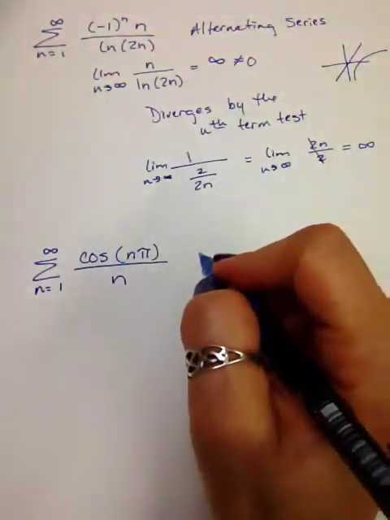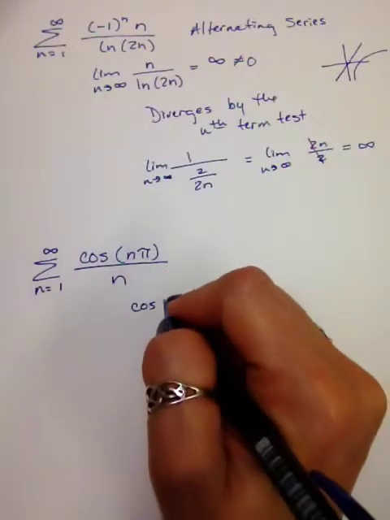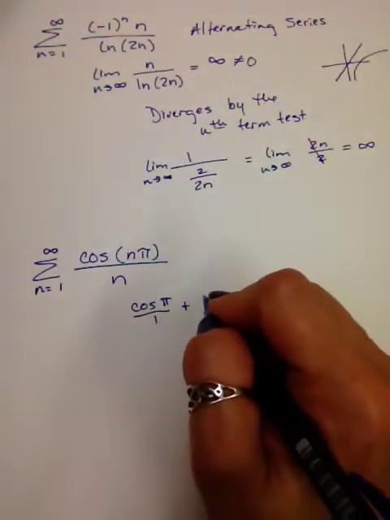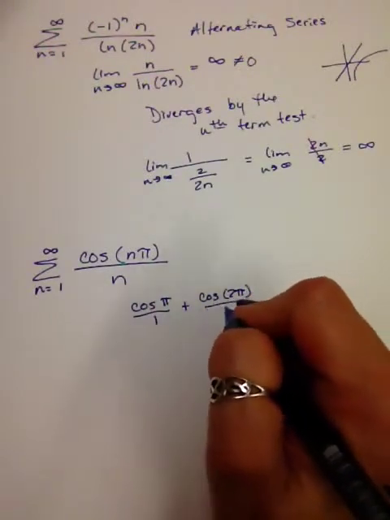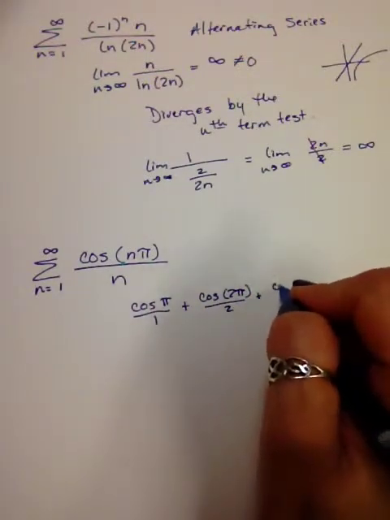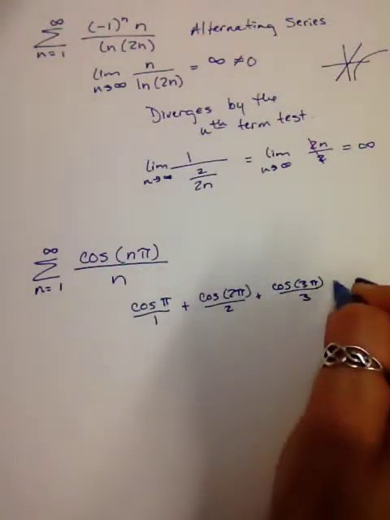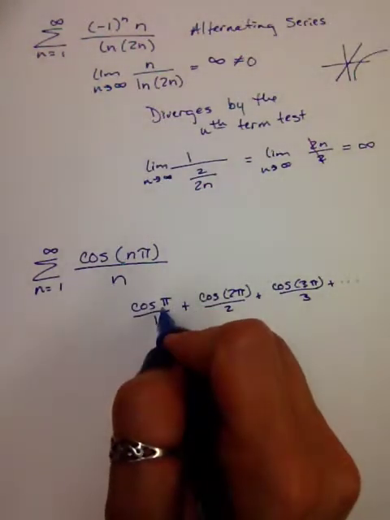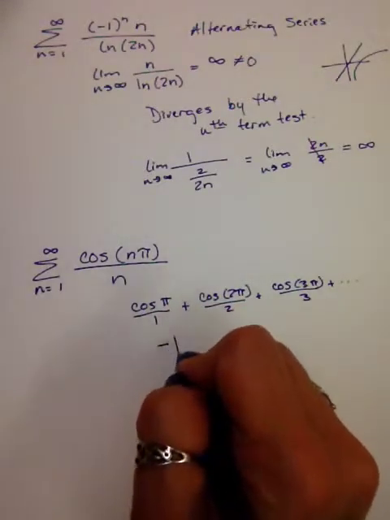If I look at this, my very first term would be a cosine where n equals 1, so cosine of pi over 1. My next term would be a cosine of 2 pi over 2. My next term would be a cosine of 3 pi over 3, plus it goes on forever. I know cosine of pi from my unit circle is -1, so this is a -1.